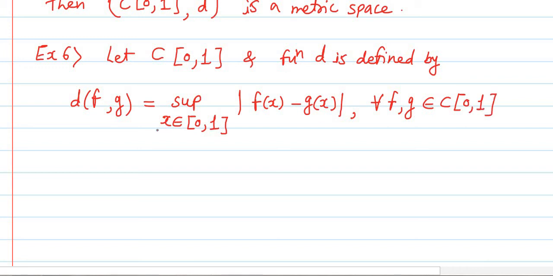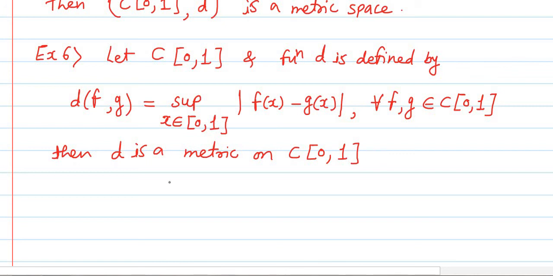So if the function D is defined in such a way, then D is a metric on C[0,1], and therefore this metric in this case is called a Chebyshev metric, spelled C-H-E-B-Y-S-H-E-V.